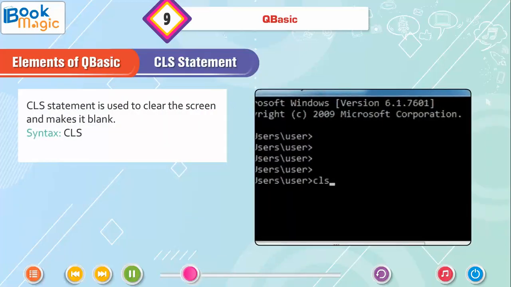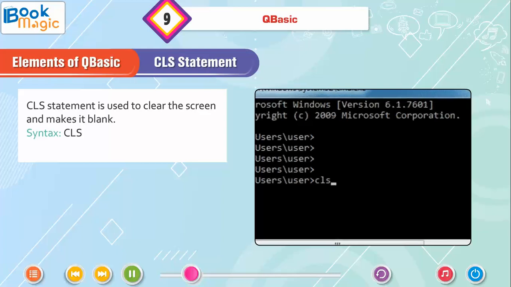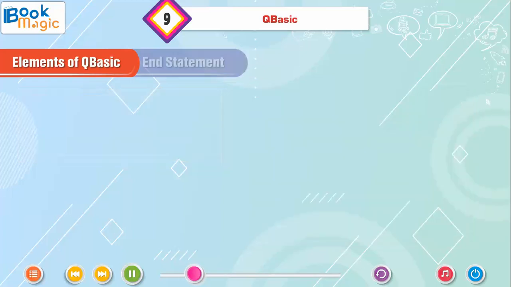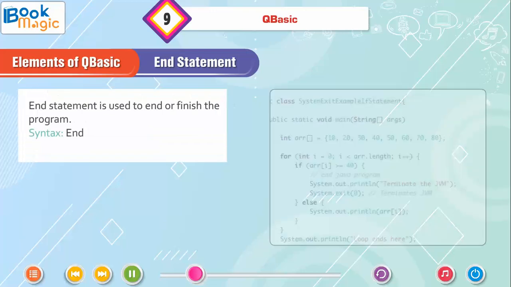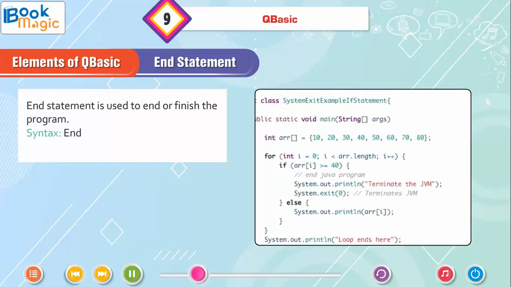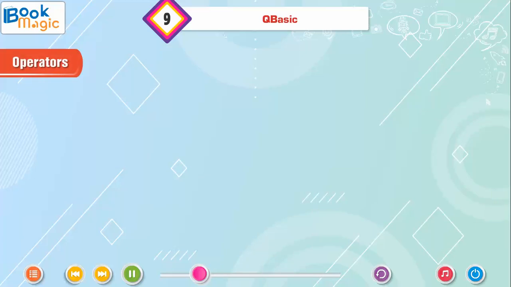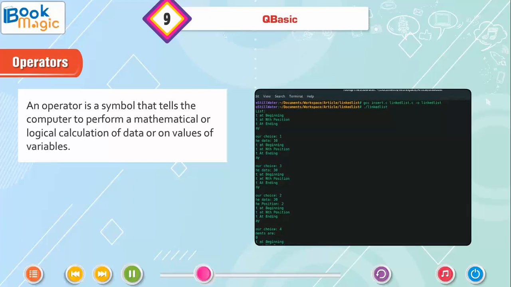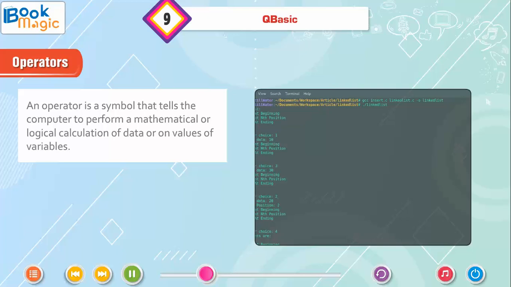CLS statement is used to clear the screen and make it blank. Syntax. CLS. End statement. End statement is used to end or finish the program. Syntax. END.